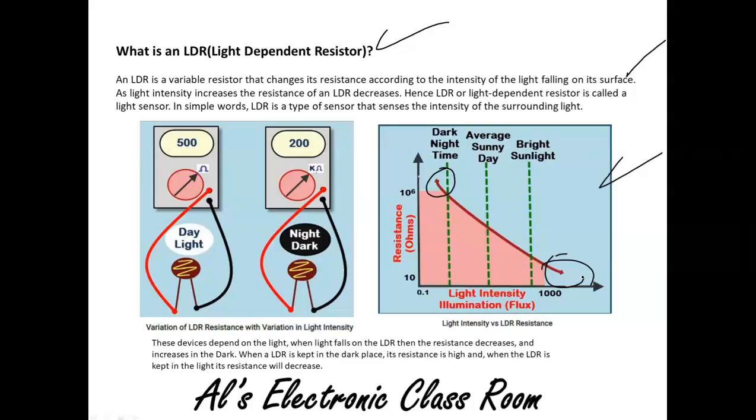So that is what the LDR is, a light-dependent resistor. Again, the resistance depends upon the brightness that is shined upon the surface of the LDR. All right, that's it. Let's go on to the next slide.